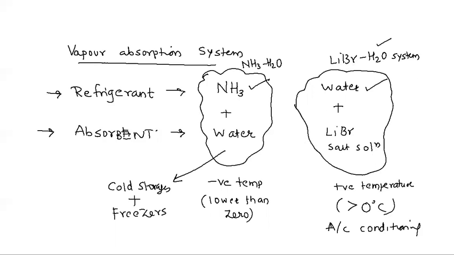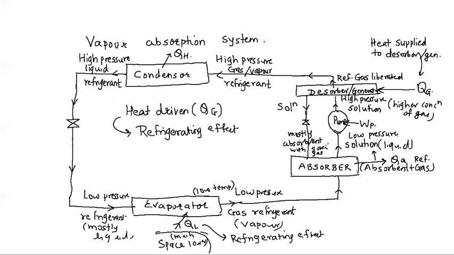Now, how do you assess the performance of this system? How do you calculate the performance of the system? So performance of this system is calculated by the expression called the coefficient of performance, COP. Coefficient of performance of the system is the desired effect. Now, what is the desired effect?